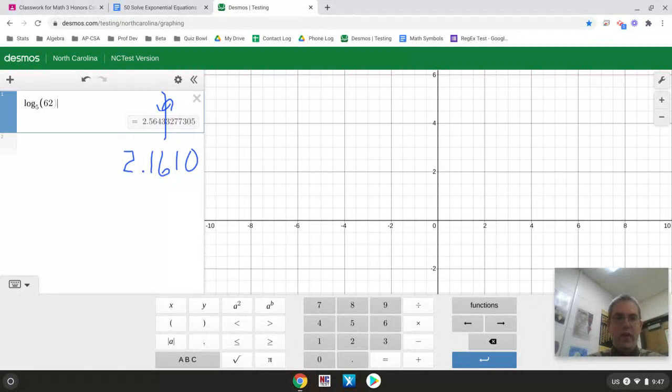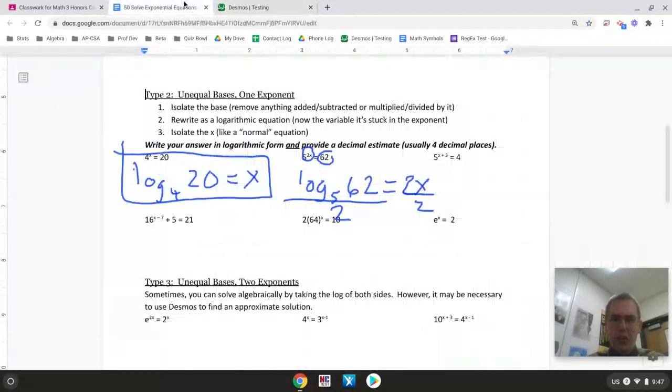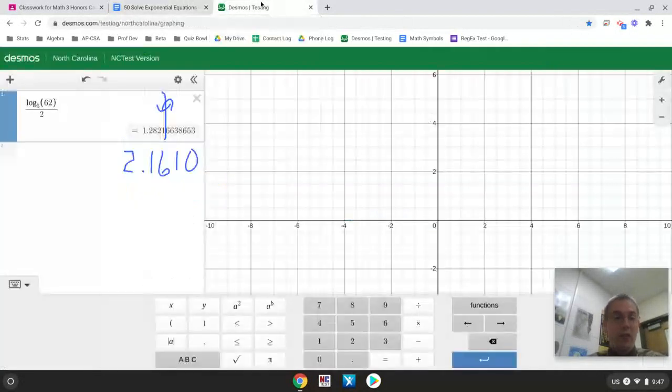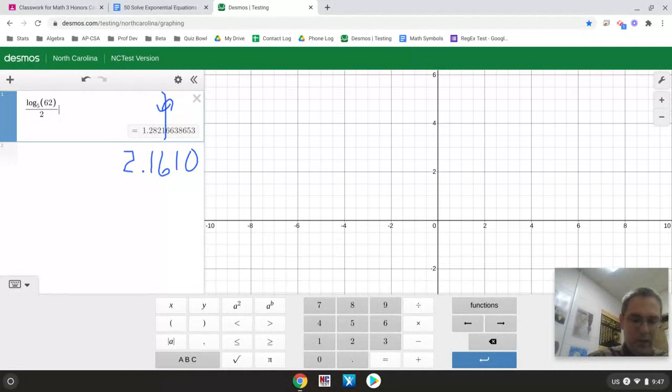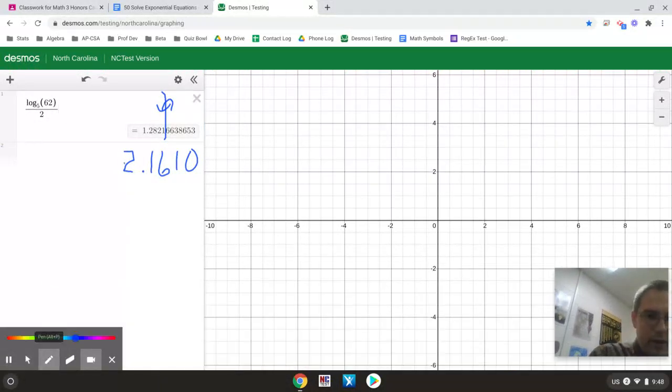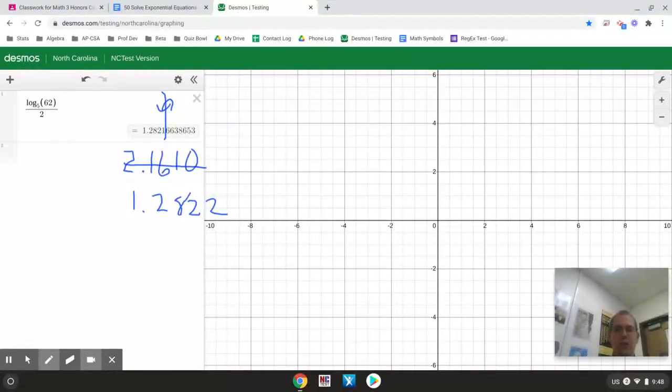And then to divide the whole thing by 2, be sure you close that parenthesis and then do a divided by 2. If you don't close the parenthesis, it'll just divide the 62 by 2, which is absolutely not the same thing. So log base 5 of 62 divided by 2, and that decimal approximation is going to be 1.28, and that it's going to round up to a 2.2. So instead of 2.1, the 6 rounds it up to a 2.2, and that's how you do these problems.